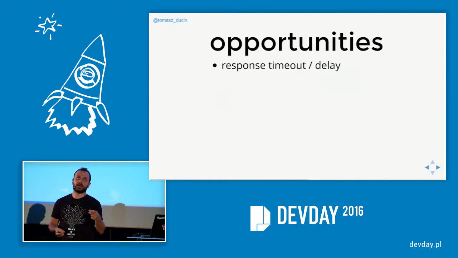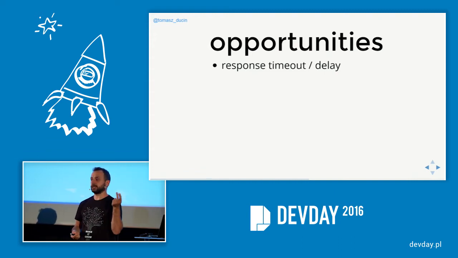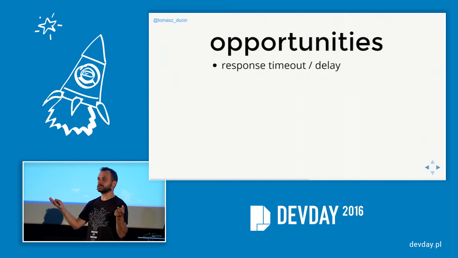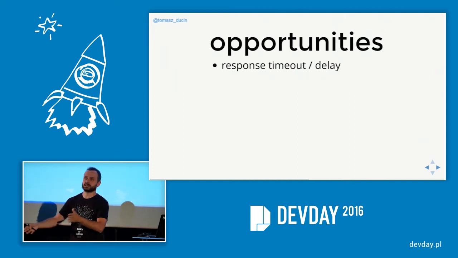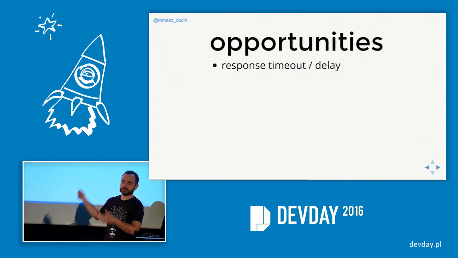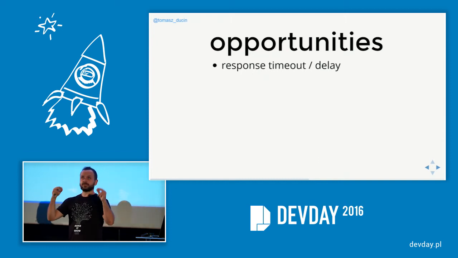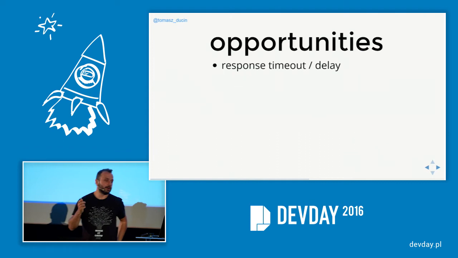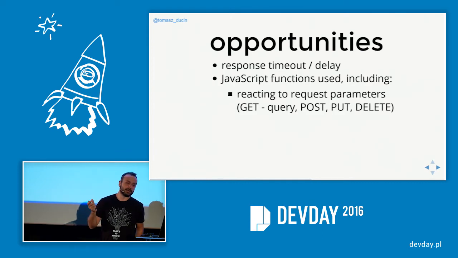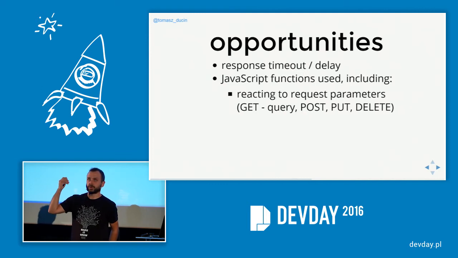Because we expect that the first response always returns data after, let's say, half a second, and the other one is always longer, let's say 2 seconds. And we don't even test this. Having response timeout delay, we can just define the delay for a given mock so that we can test all the combinations.